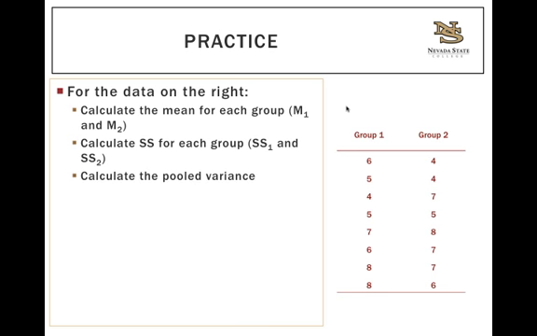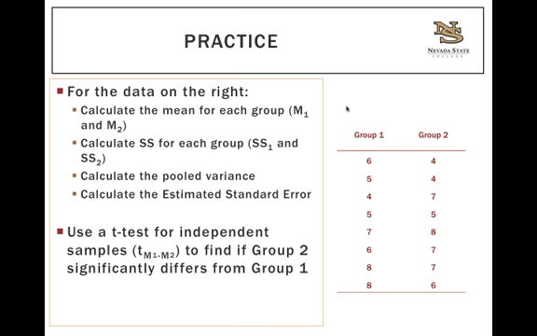Next, we'll use those sums of squares in order to calculate our pooled variance, which you learned about in the lecture. And then I want you to calculate the estimated standard error. Keep in mind that we are calculating our estimated standard error because we don't have our population parameters. And so we're going to do that using our pooled variance.